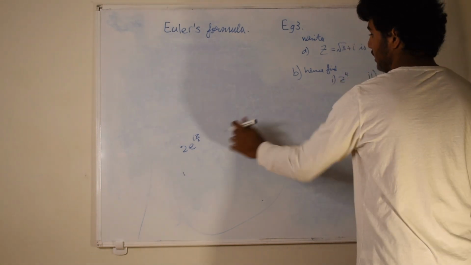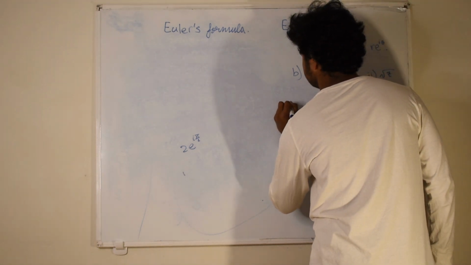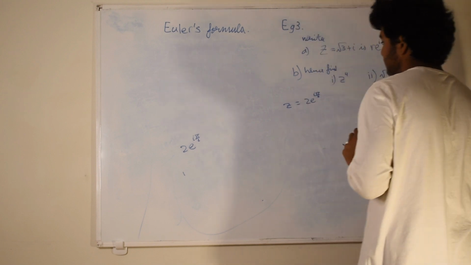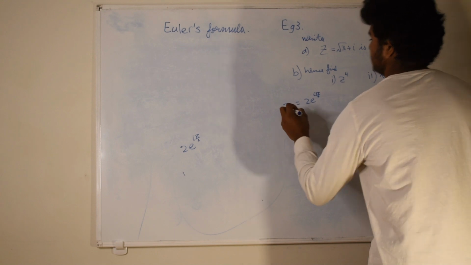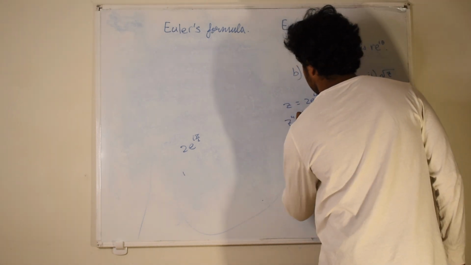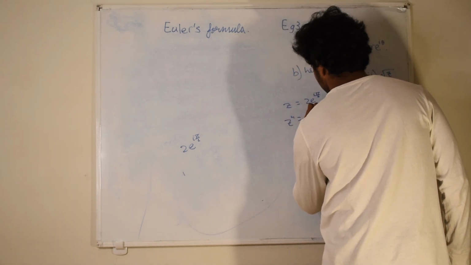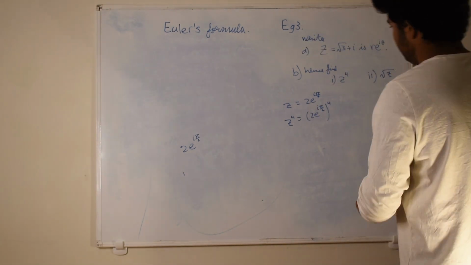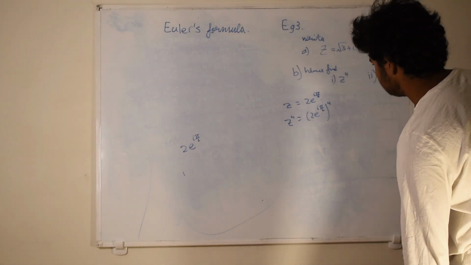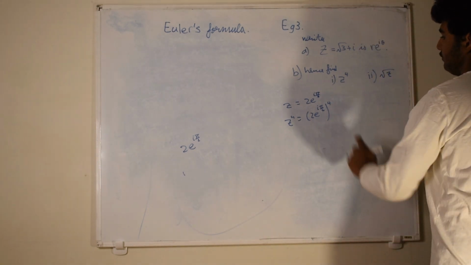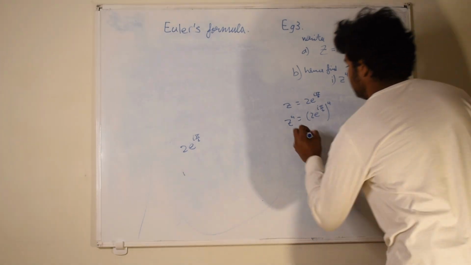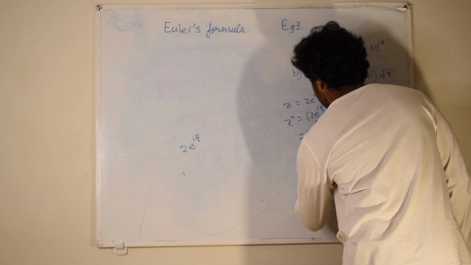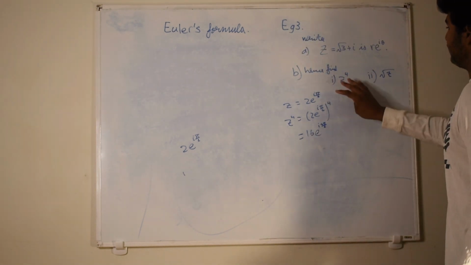So if z equals 2e to the i pi on 6, z to the power of 4 is going to be equal to brackets 2e to the i pi on 6, to the power of 4. To the power of 4, we have 2 to the power of 4, 2 times 2 is 4 times 2 is 8 times 2 is 16. You get 16 e to the i 4 pi on 6. So that's your answer for that.